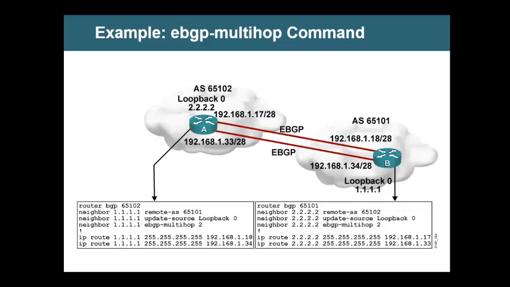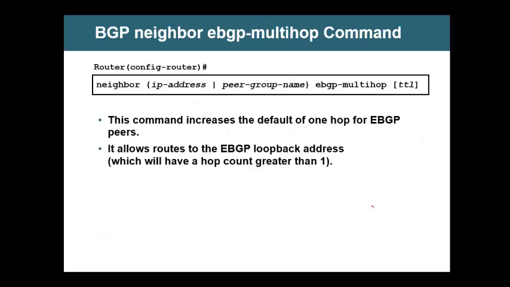In EBGP, if you simply say update-source loopback 0, that's not enough. In IBGP, we said update-source loopback 0 whenever you form a neighbor using a loopback address. But in eBGP you need to do something more. That is what this slide explains. Anyway, let's go one more time.